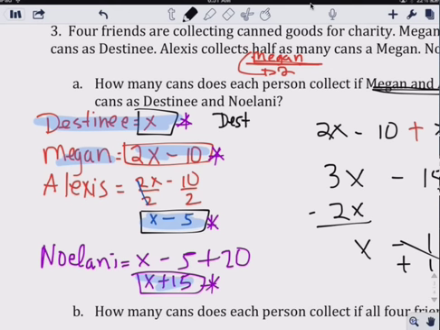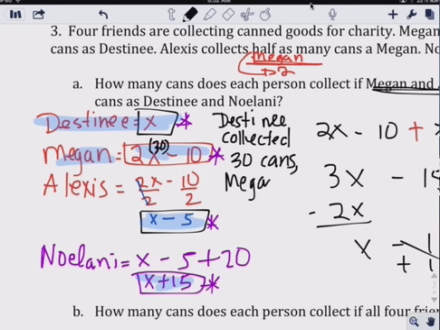Destiny collected 30 cans. If that's the case, 2 times 30 is 60, minus 10 is 50. So Megan collected 50 cans.